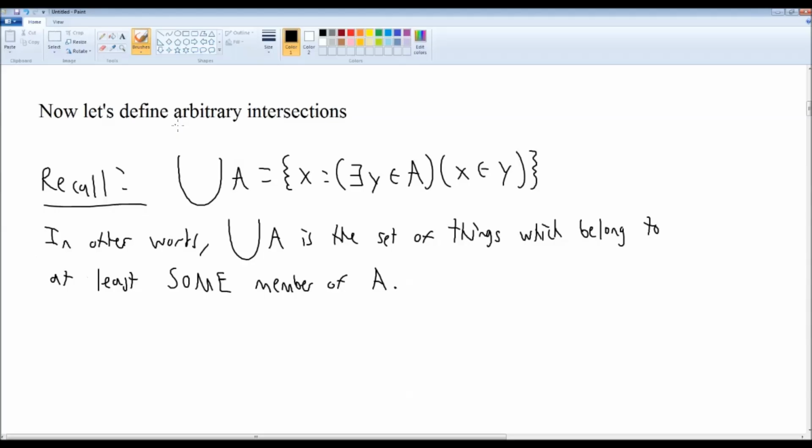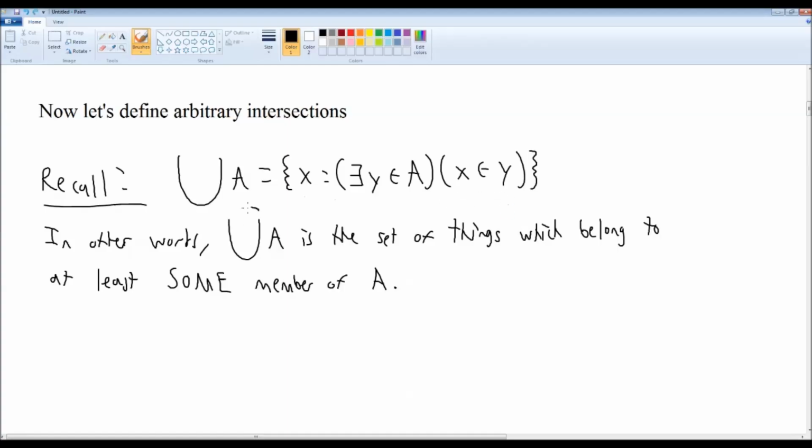Okay, so now I want to define arbitrary intersections. But before we do that, I want to review quickly what an arbitrary union is. The arbitrary union of a set A is just the set of x for which there exists some y in A for which x is an element of y.